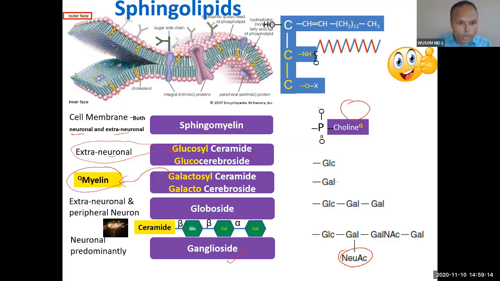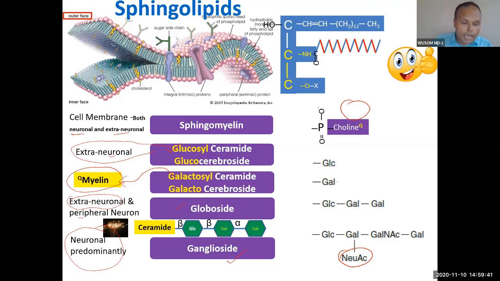Now, globoside is mainly present in extraneuronal tissue, and it is also present in peripheral nervous tissue, but not in the central nervous system. And ganglioside is present in neuronal tissue, both peripheral and central nervous system.